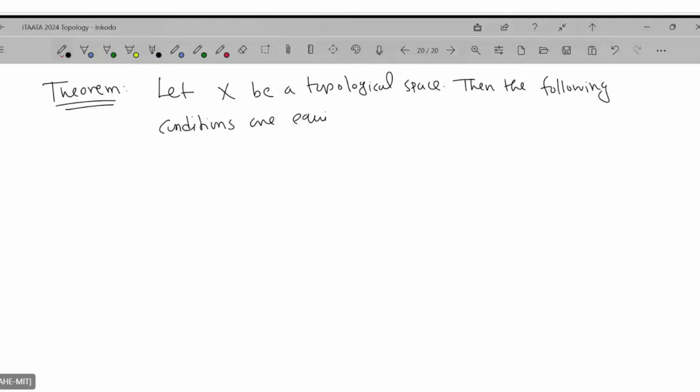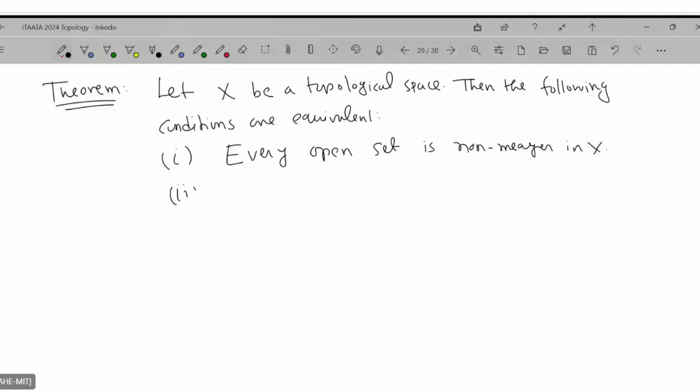What are those conditions? First condition, every open set is non-meager in X. Second condition, every co-meager set is dense in X.